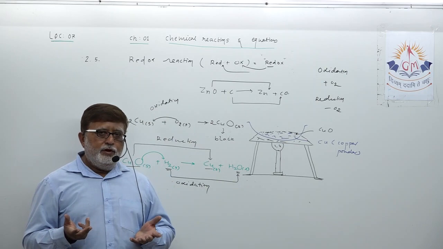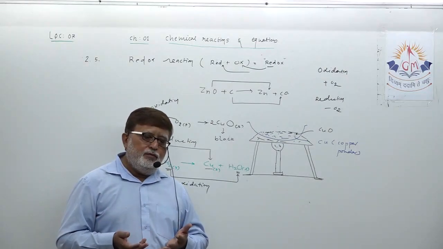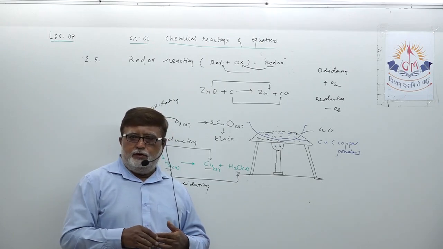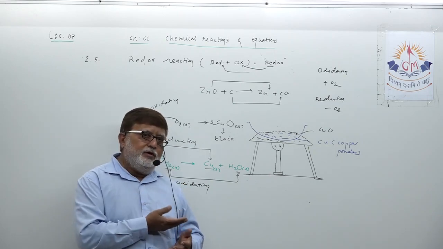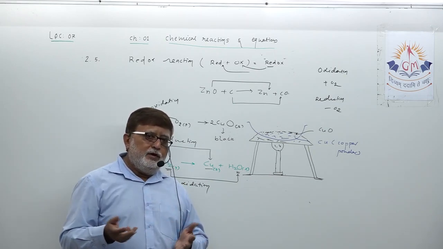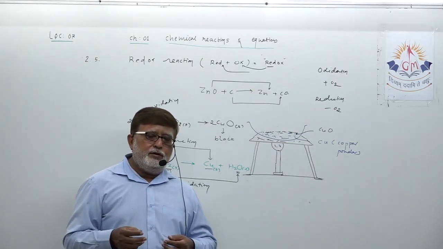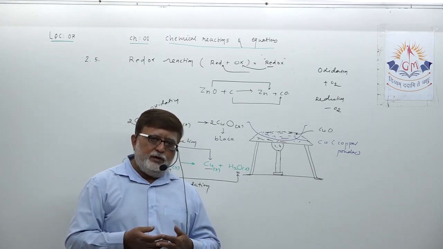You can call that corrosion or rusting of iron. So rusting is ultimately an example of an oxidation reaction. Sometimes if you keep a copper vessel exposed to air, as we have just seen, its surface becomes black due to oxidation of copper into copper oxide, which is black in color.